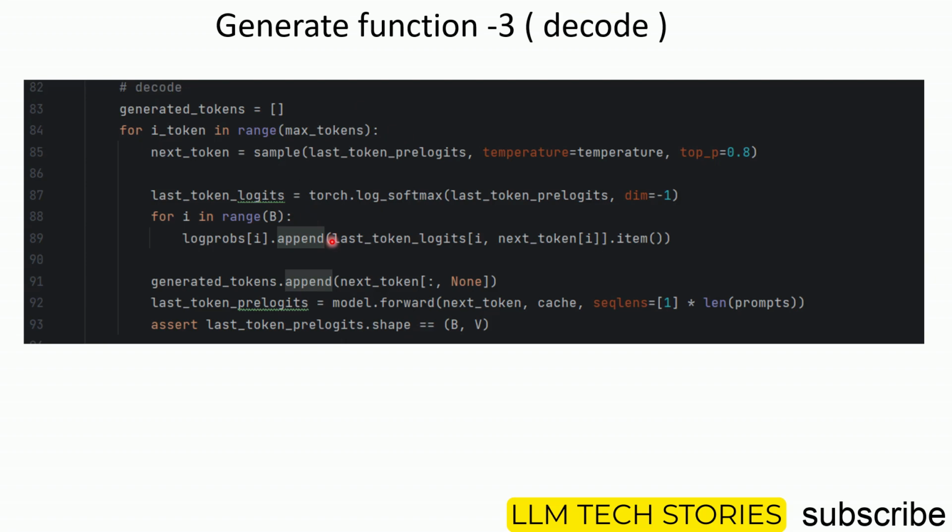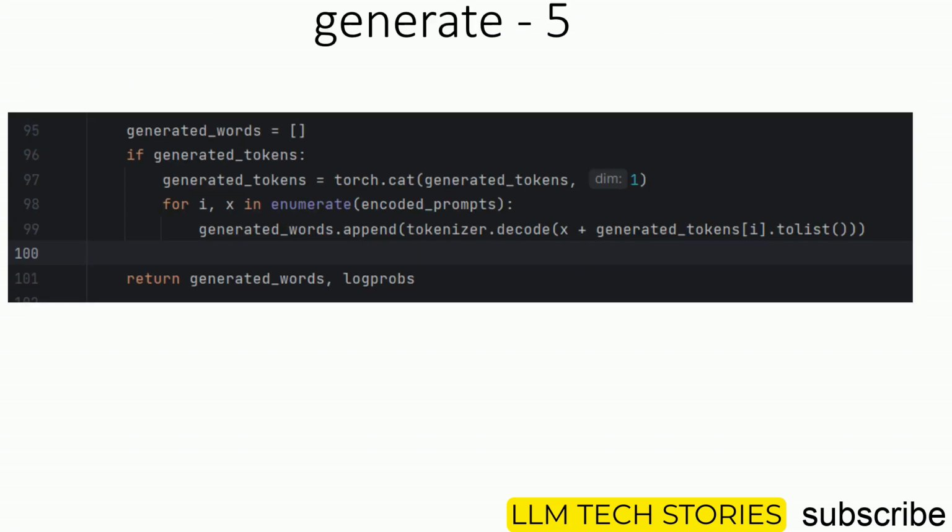So now next we shall be moving to the generated words. From the tokens we need to realize the words. So let's move on. This is the final step in this generate function.